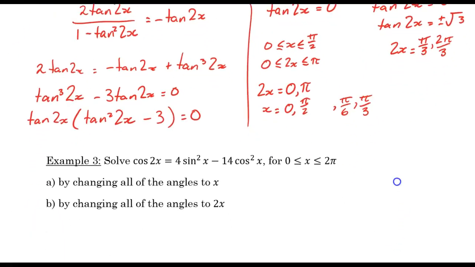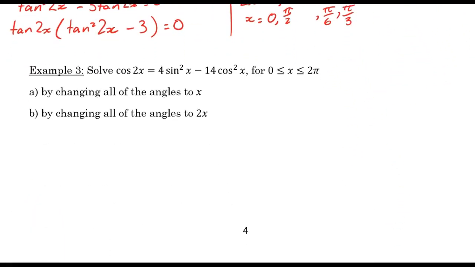Rightio, 4 solutions. Next up, I've got this equation here. And what are we going to do here? We're going to change all the angles to x. So remember, try to use all the same angles. And after that, try to use all the same ratios. So for part A, let's change my cos 2x.